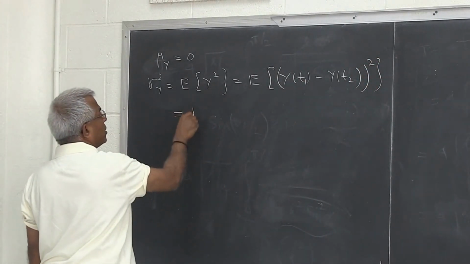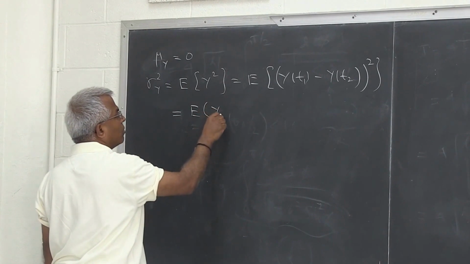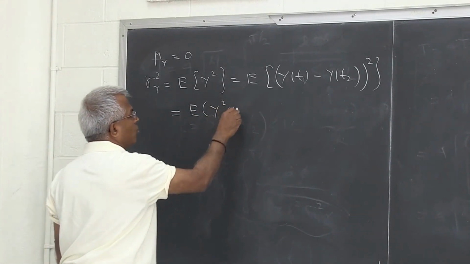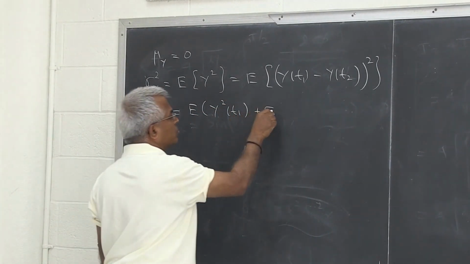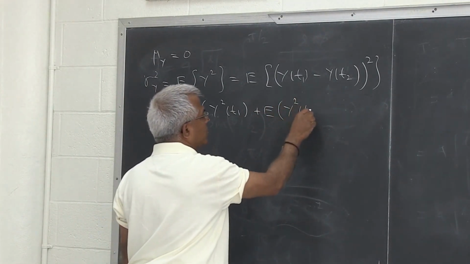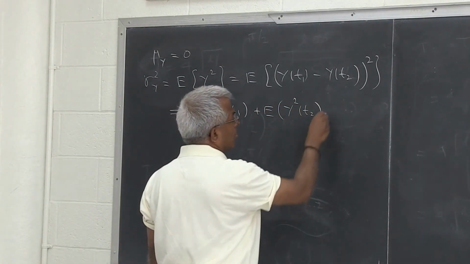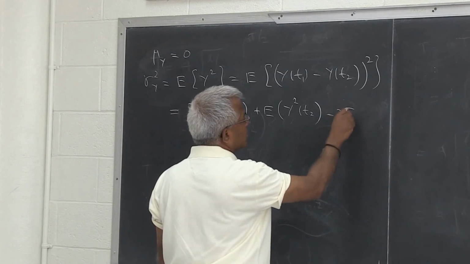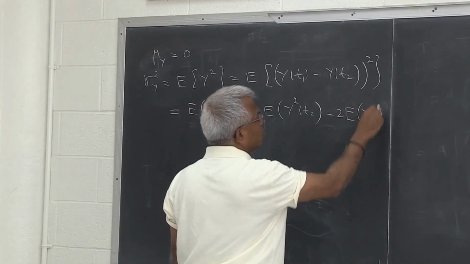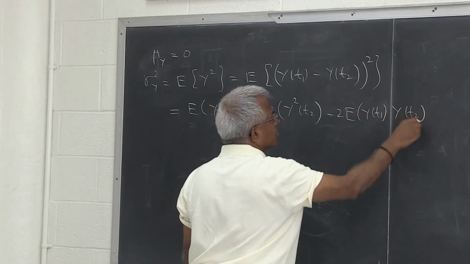So that's going to be the expected value of y squared t1 plus the expected value of y squared t2 minus 2 times the expected value of y(t1) y(t2).